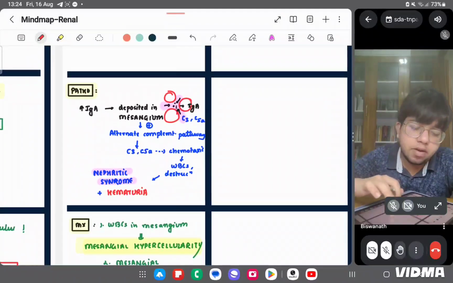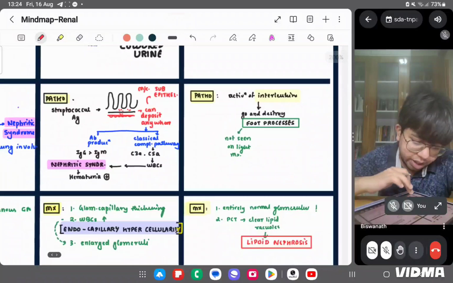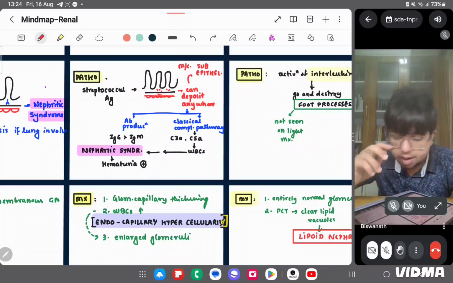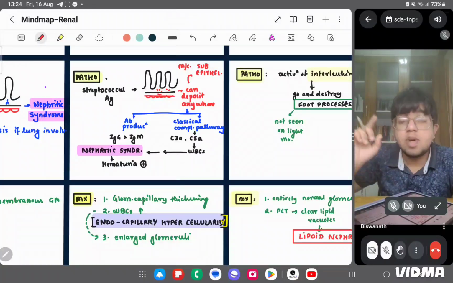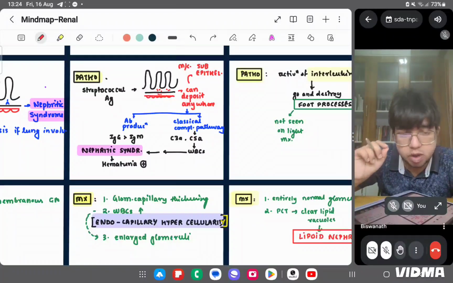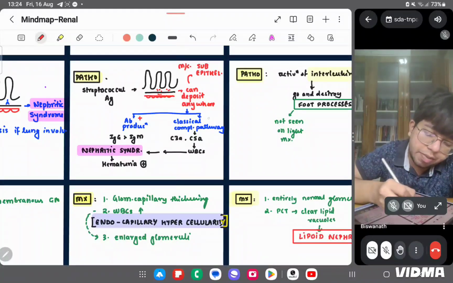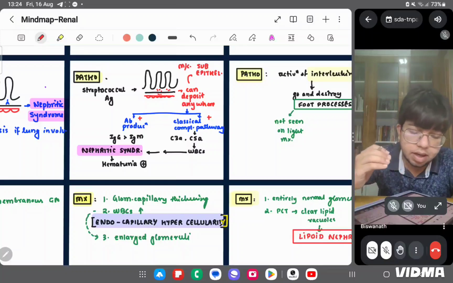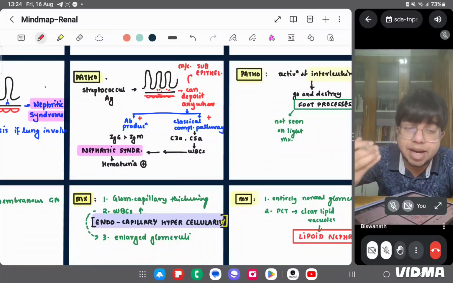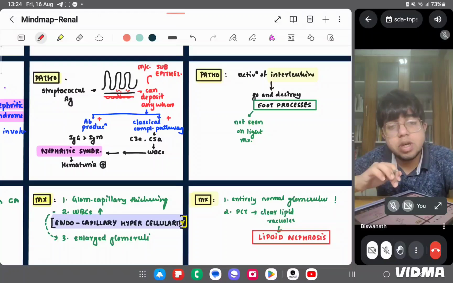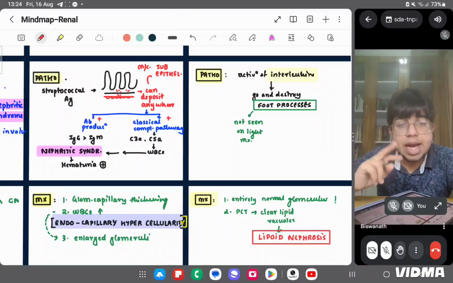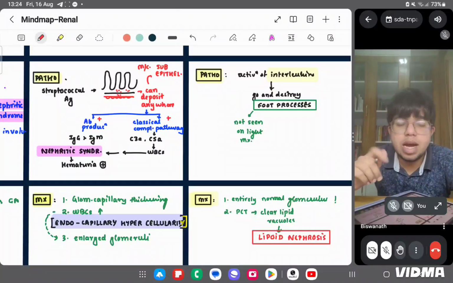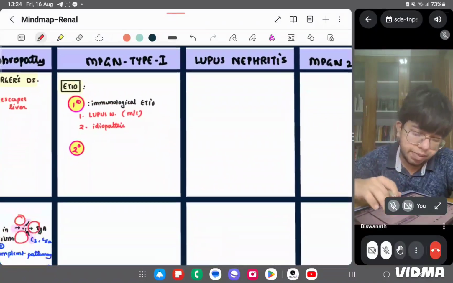And wherever the classical pathway is activated, as in post-streptococcal glomerulonephritis, antibody production was damaging the capillaries, the subepithelial or any capillary damage is seen. Understood? So there is damage to both capillaries as well as mesangium. We'll see the microscopy as well, it will be clear.